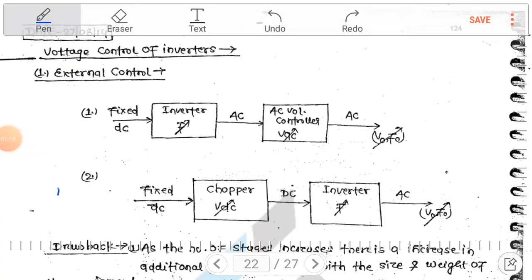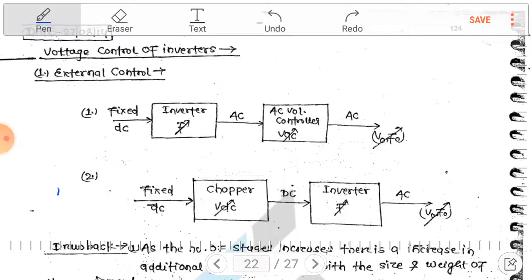Actually, at the beginning of inverters, I told you that inverters are used to get variable voltage and frequency from a fixed DC voltage.